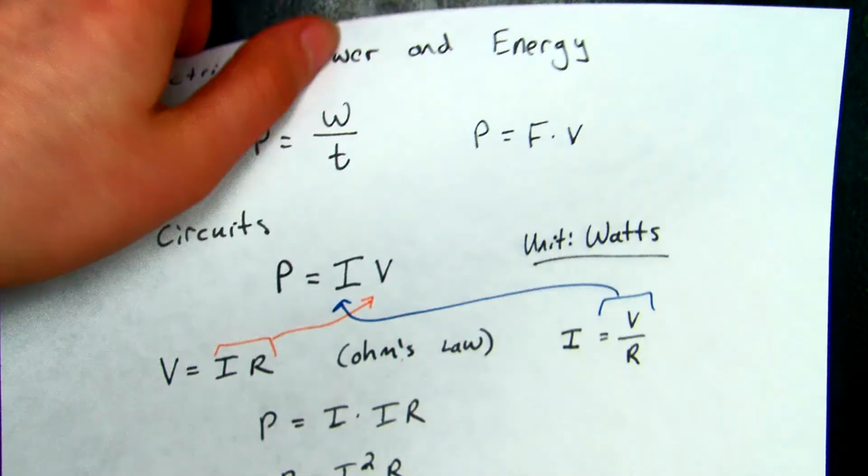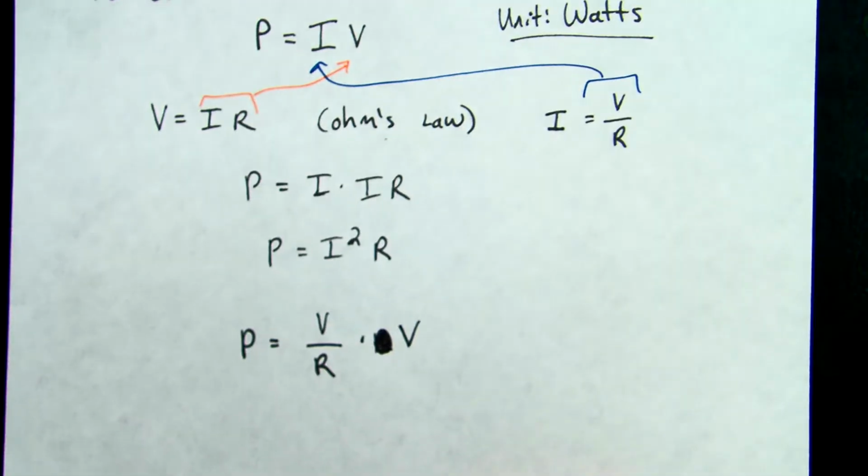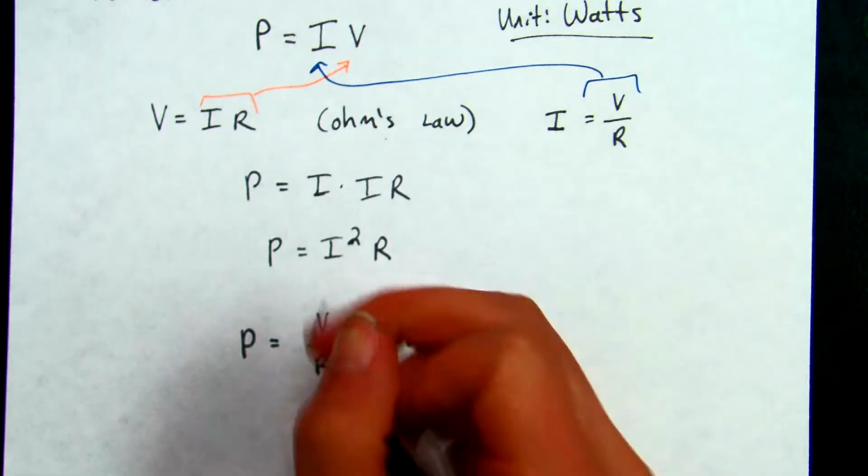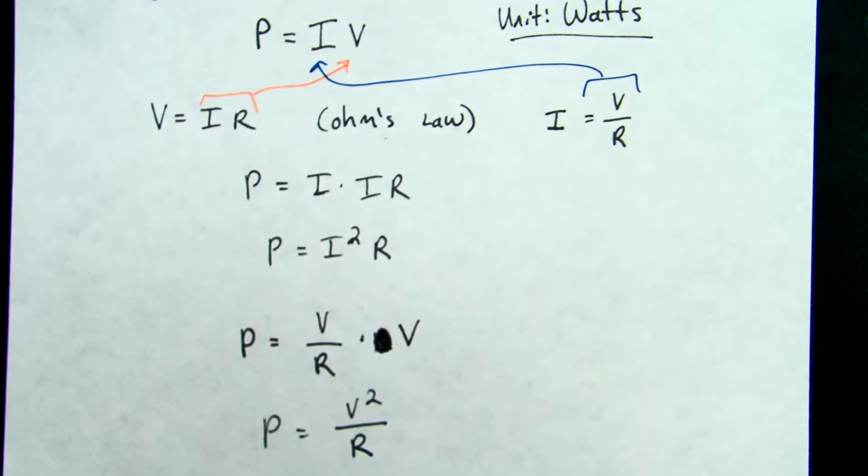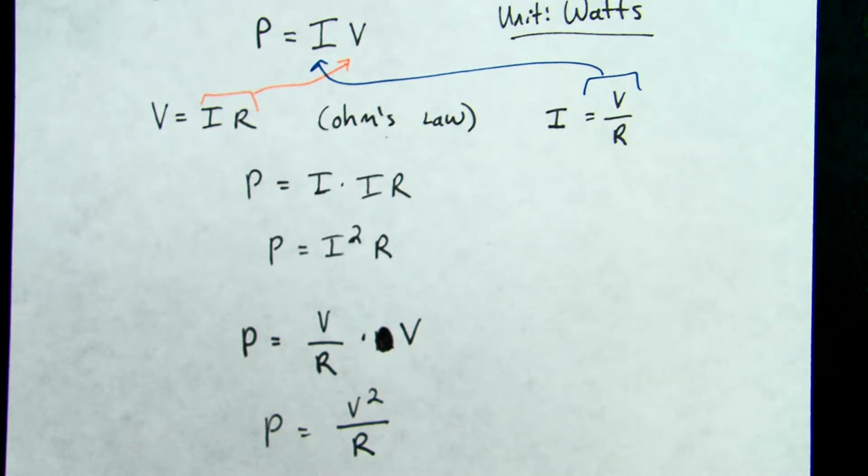We plugged in V over R for I. We're going to multiply that by V. I'm going to simplify this to V squared over R. And so that gives us three different ways to calculate for power, and we'll use each of them depending on what's given in the question.